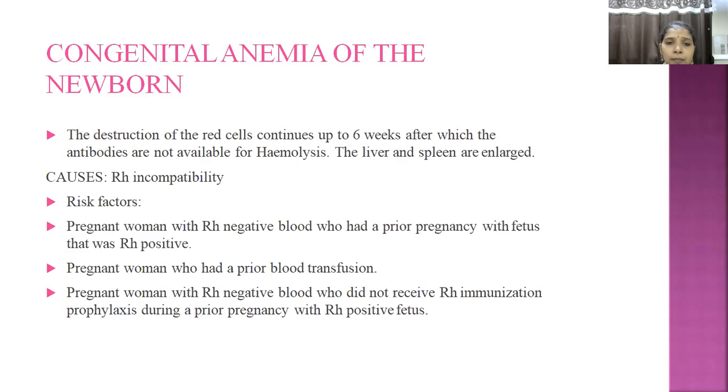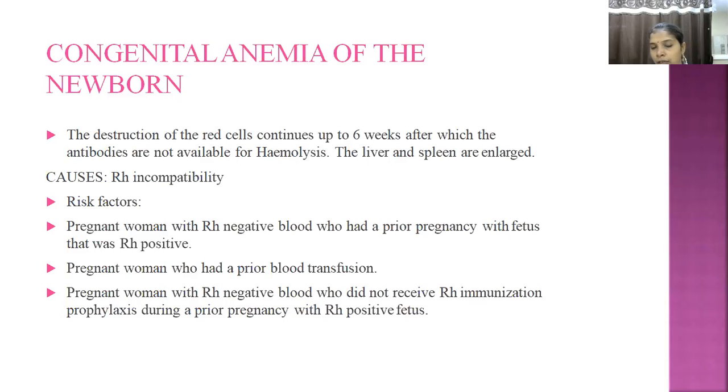Also, a pregnant woman who had a prior incompatible blood transfusion. That means not ABO incompatibility, but RH incompatibility. So if by accident the mother who is A negative was given A positive blood, antibodies will develop.